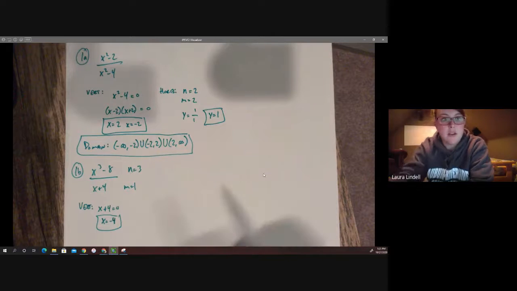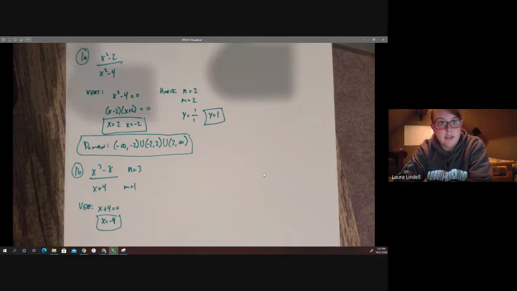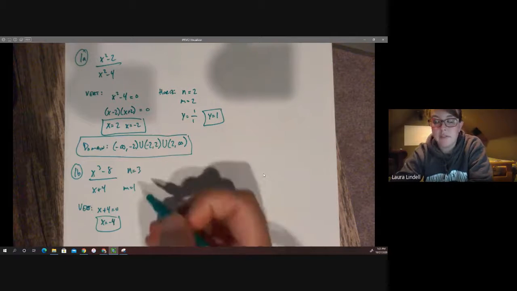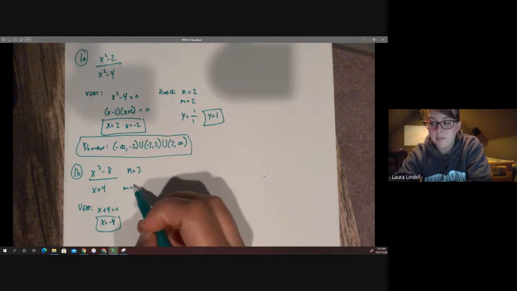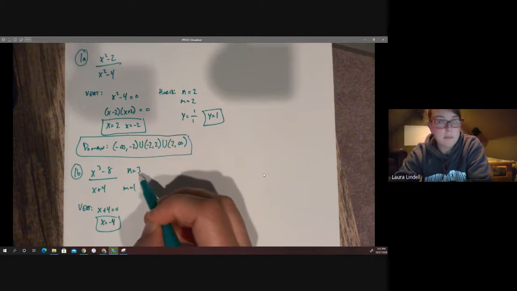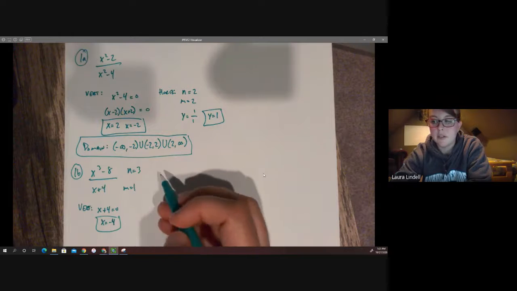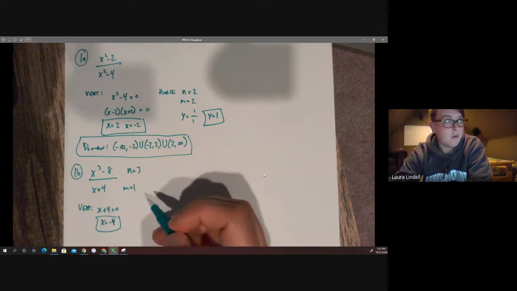So that means we're not looking for any horizontal asymptotes. We're not going to find them. And then also we're not looking for any oblique asymptotes, because for that to be the case, the degree of the top would have to be exactly 1 greater than the degree of the bottom, since there can only be a difference of 1 between them to have an oblique asymptote. So there's no horizontal, there's no oblique for this one.